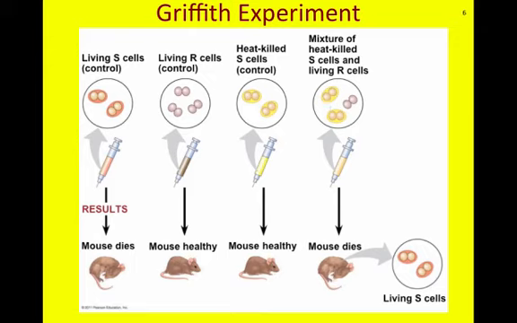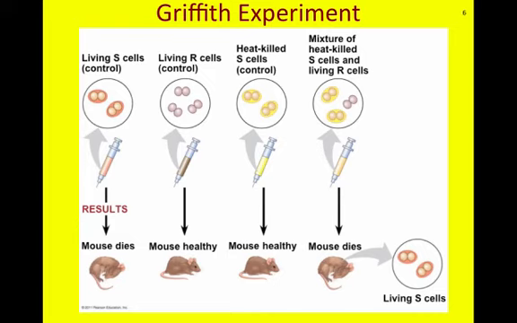Well, they did not. They transformed these living R cells into living S cells. And that stuff that was able to transform the living non-pathogenic cells into living pathogenic bacteria is DNA.